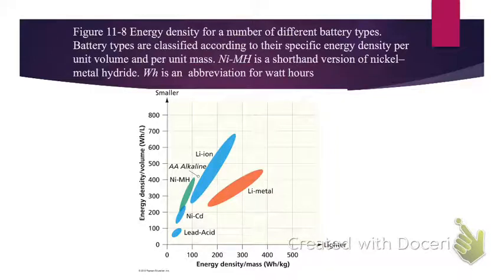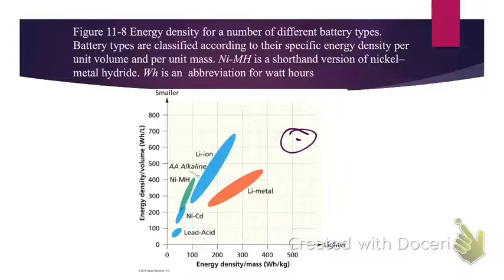Obviously, what we'd like to do is maximize both, so we'd like to be over on this side of the graph, because we'd have a maximum energy density volume-wise and mass-wise.